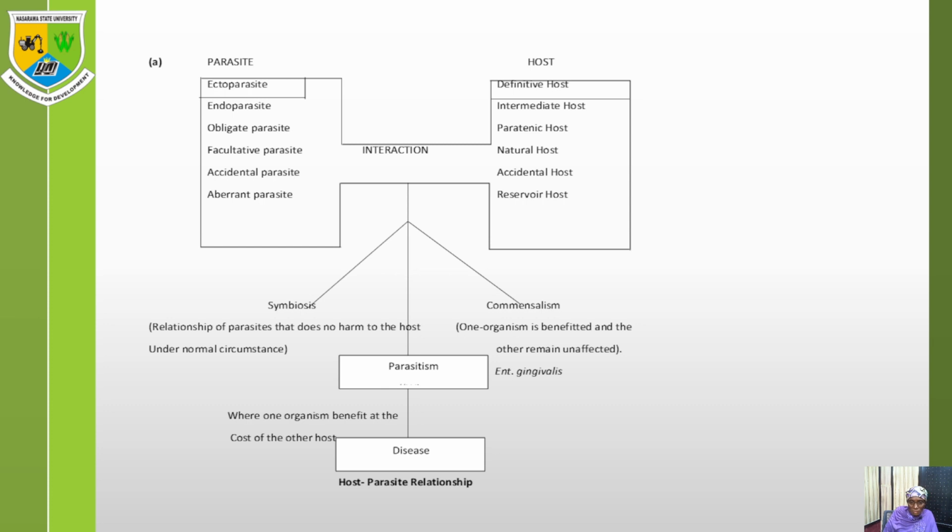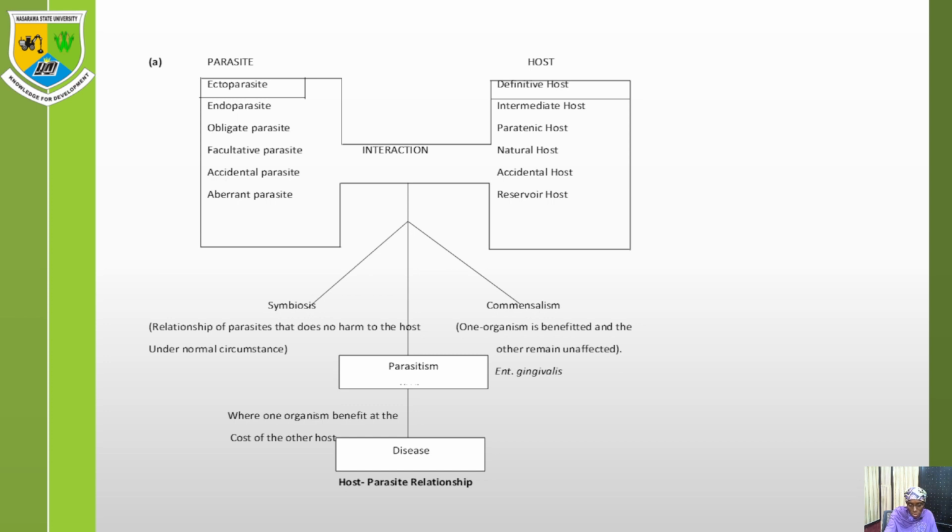Then we have another interaction between host and parasite that can result in parasitism, which leads to disease. Here, one organism benefits and the other loses. That's at the cost of the other, which is the host.